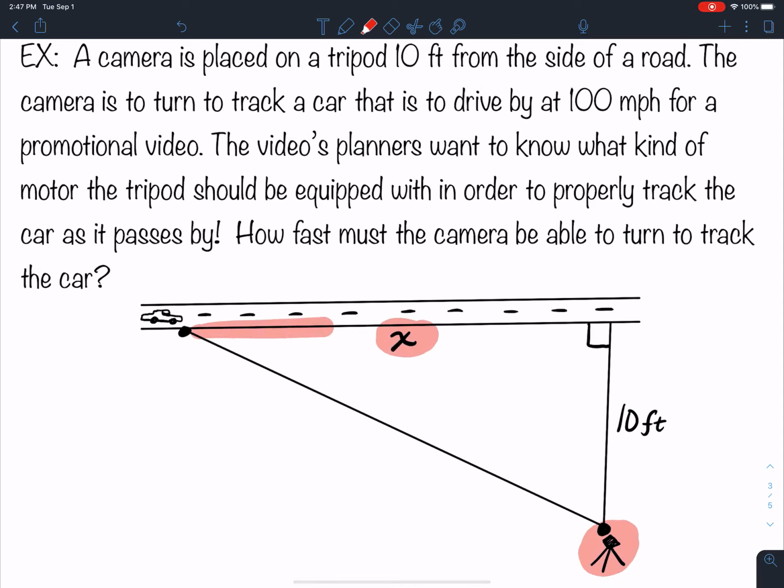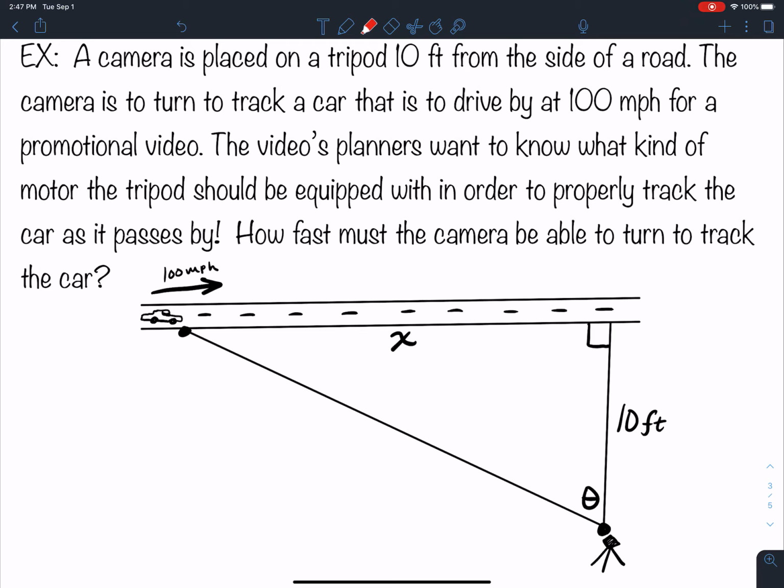This x distance opposite from this camera here is actually shrinking, okay? And then this angle theta represents where the car is, the angle with respect to the camera that it has to shoot out to get to the car.